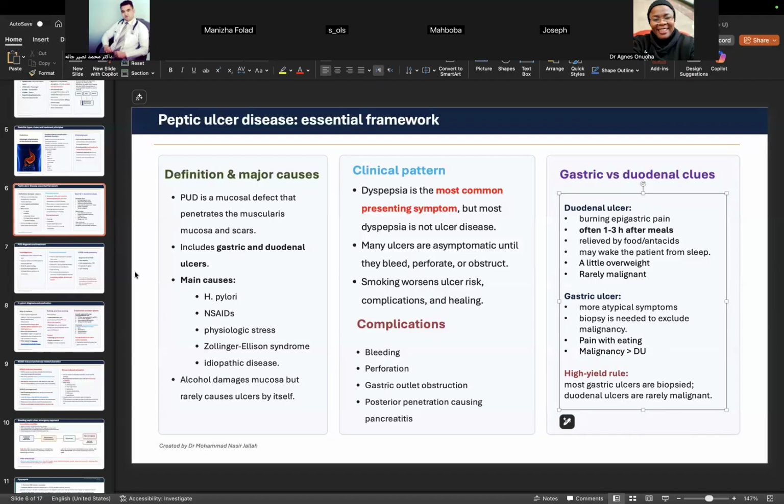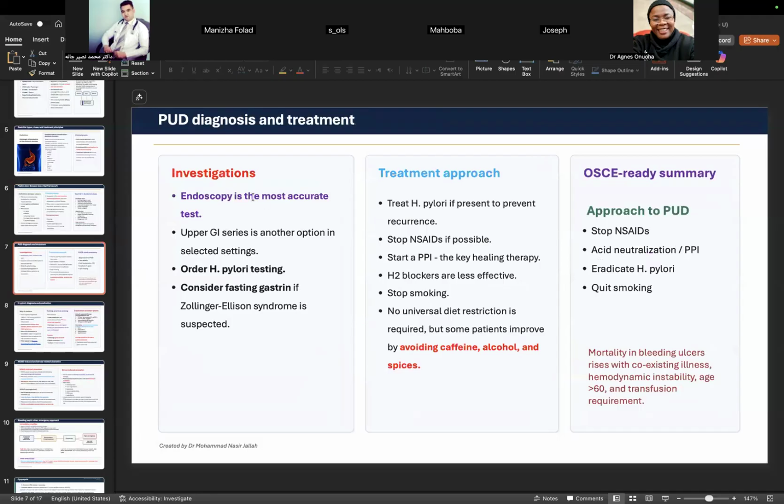Maybe it makes sense. Okay. So it means malignancy is more common in gastric ulcer, but malignancy is less common in duodenal ulcer.